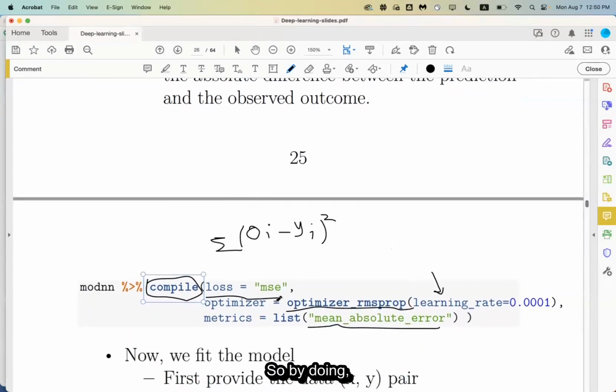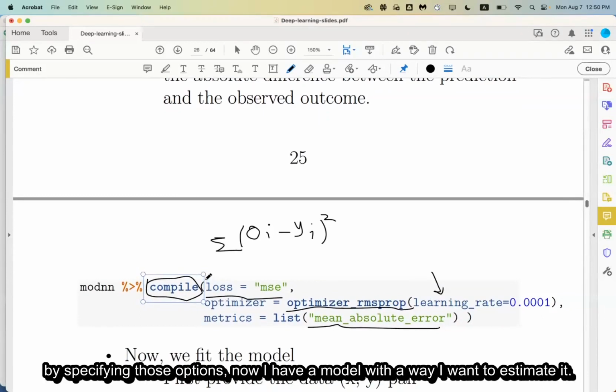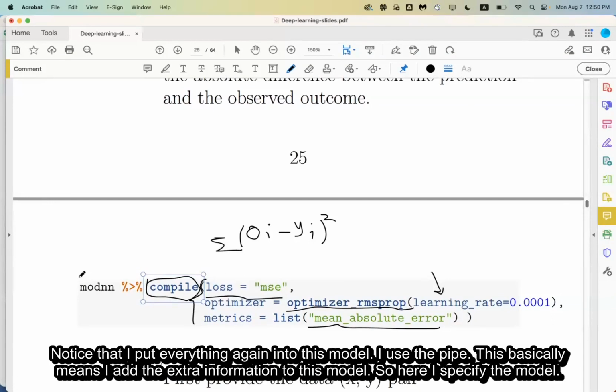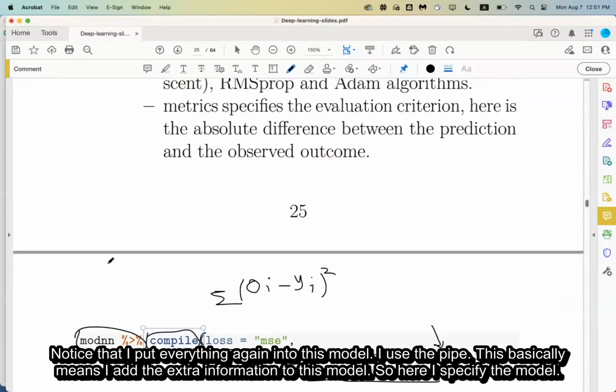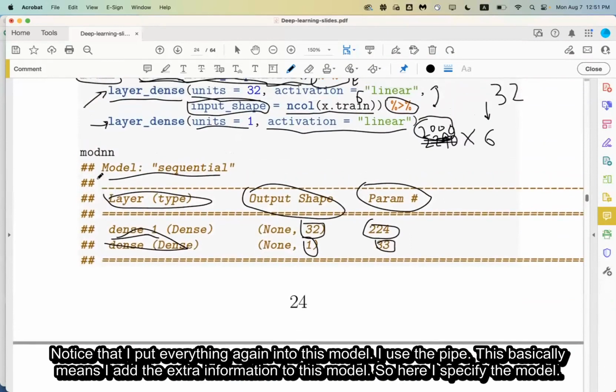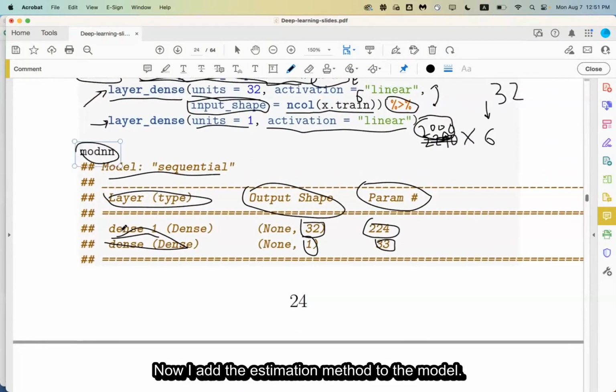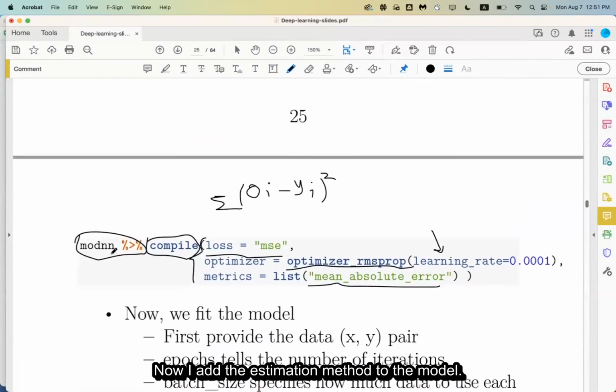So by specifying those options, I now have a model with a way I want to estimate it. Notice that I put everything again into this model. I use a pipe. This basically means I add the extra information to this model. So here I specify the model. Now I add the estimation method to the model.